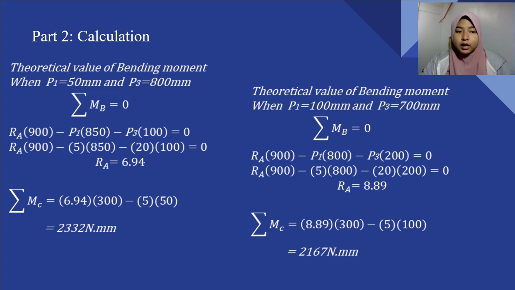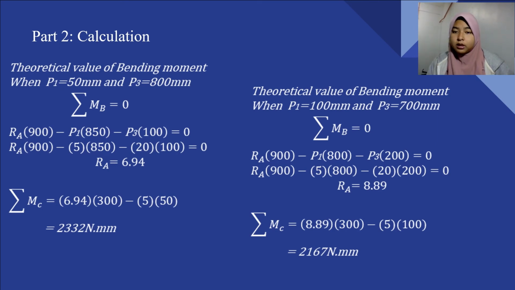To calculate the moment at C, which is P2, the point that we need to find, we multiply the distance of P2 minus the distance at P1, which is 50 Newton. We get 2,332 Newton millimeter.